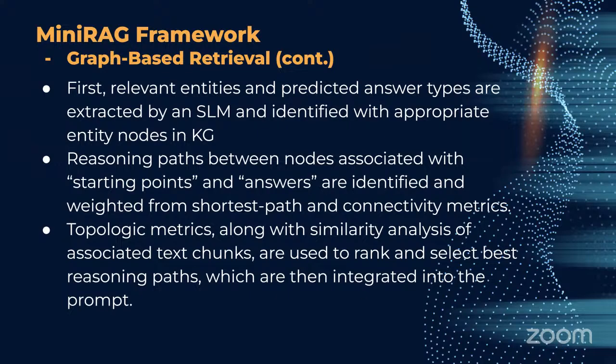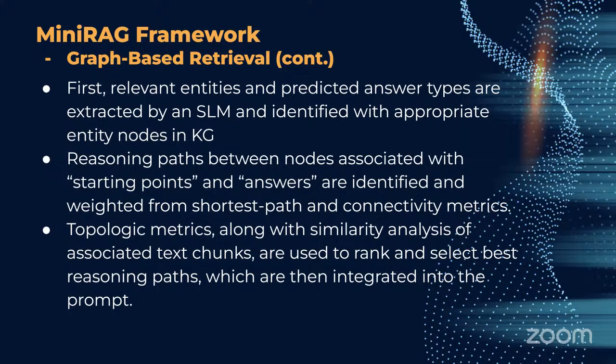The first step is a query will be passed to the SLM, and the SLM will perform a first step identification of the relevant entities in that query that can be mapped to nodes in the graph, and will also predict potential answer nodes from that query. So in this instance, say the query is asking for a restaurant, the predicted answer types would be restaurant type nodes, information based on that.